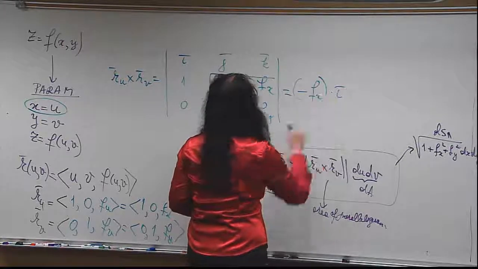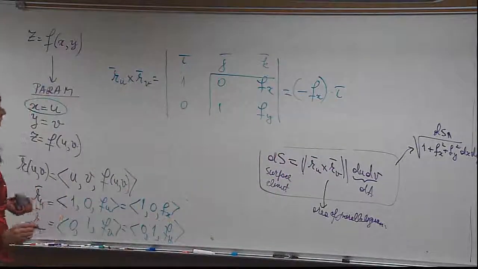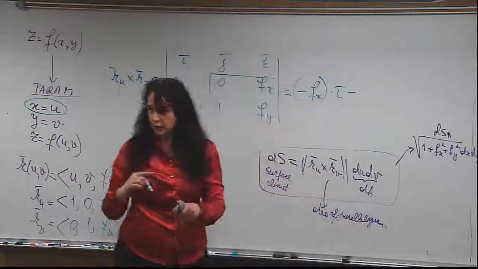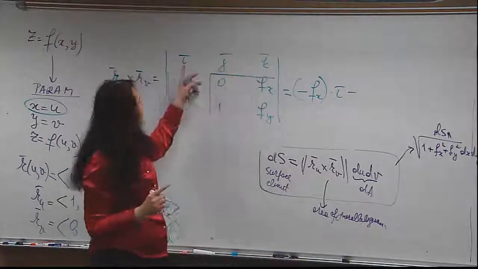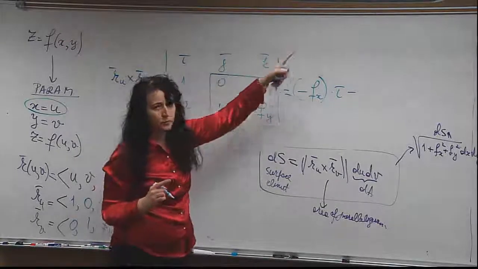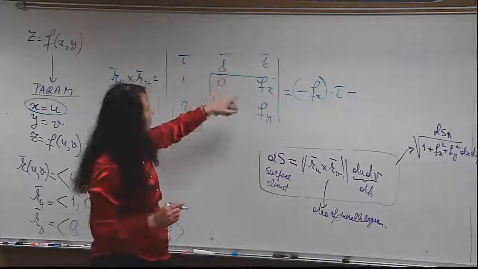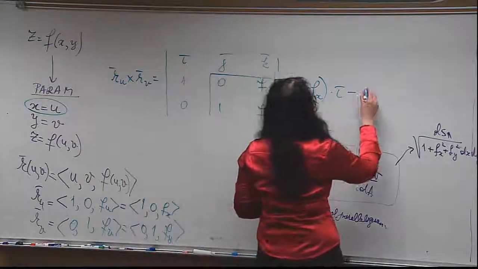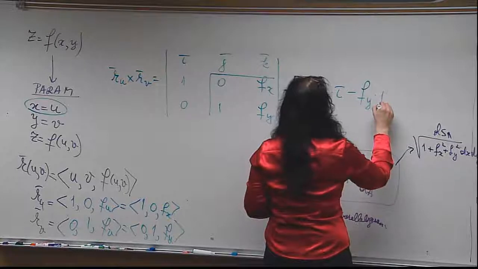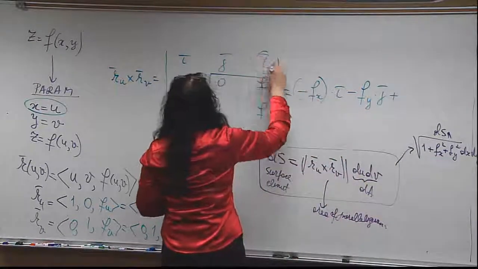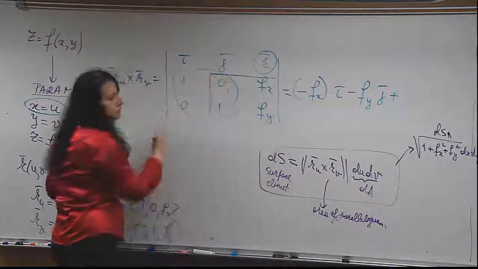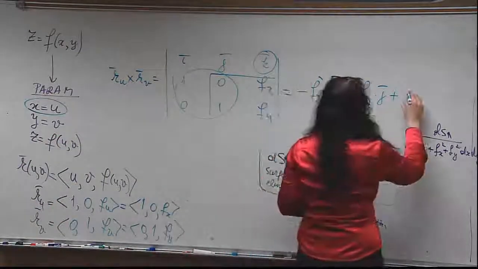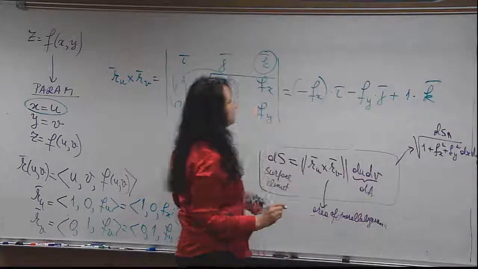I'm sorry, i for an i, okay. j, again minus because when I expand along the row, I have plus, minus, alternating. So I need to have minus, the determinant is f sub y, times j, plus k times this fellow. But that minor is 1, for God's sake. This is so easy.